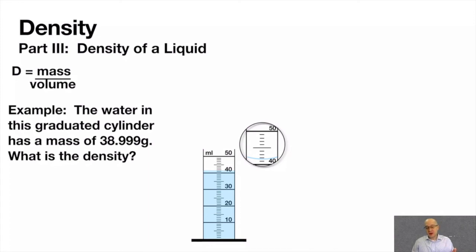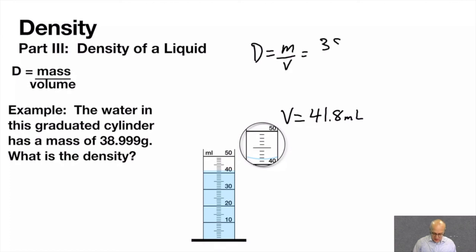We have graduated cylinders. So here we have a picture of a graduated cylinder, and the volume in that cylinder appears to be 41.8 milliliters. So the volume, how do I know that? I simply read it off the device, 41.8 milliliters. Density is mass over volume, and that's going to give us 38.999 grams.